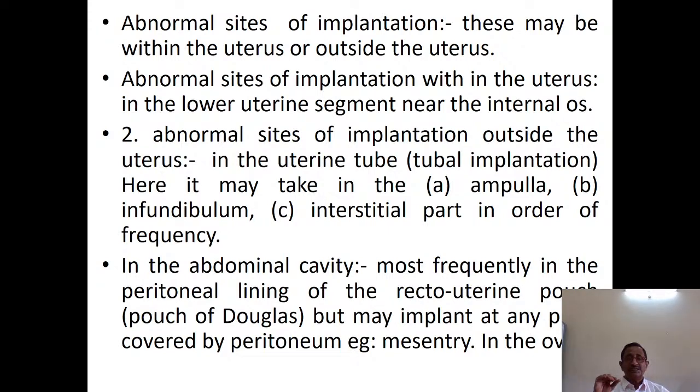So the abnormal sites of implantation are: number one, the lower segment of the uterus; number two, the tube, in three parts, the ampulla, infundibulum and interstitial part; number three, the pelvic cavity, that is the mesentery of the rectouterine pouch, the pouch between the rectum and uterus.